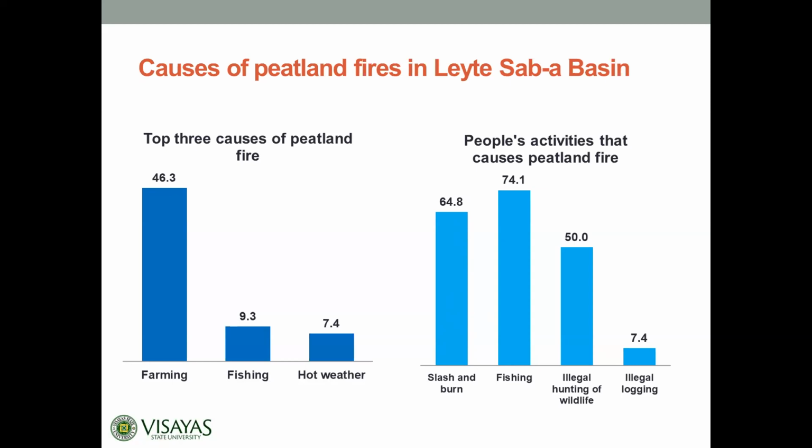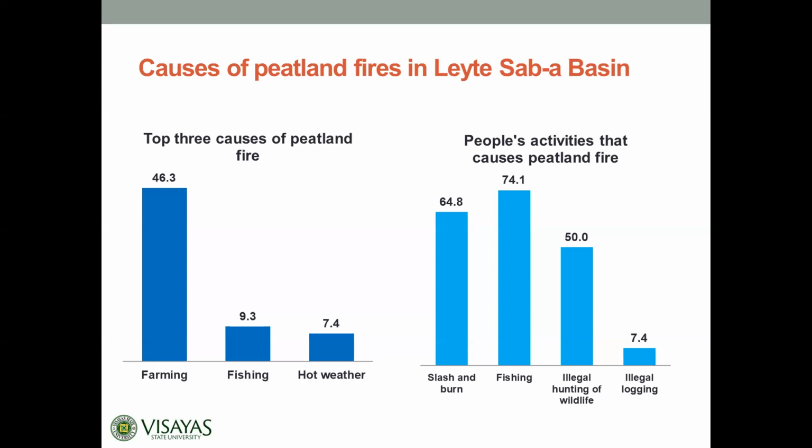But still, there are those who insist to practice this one. And then we have illegal logging, which is 7.4% of the 54 respondents. Actually, illegal logging could be related to slash and burn because while people know that it is prohibited to cut trees in the peatland, they still do it. They still insist to do it.